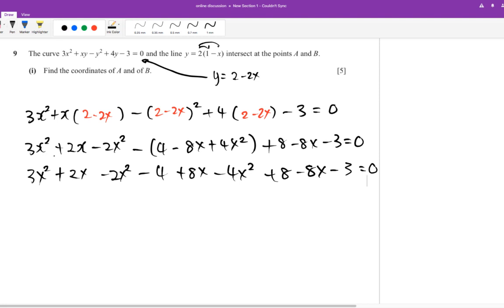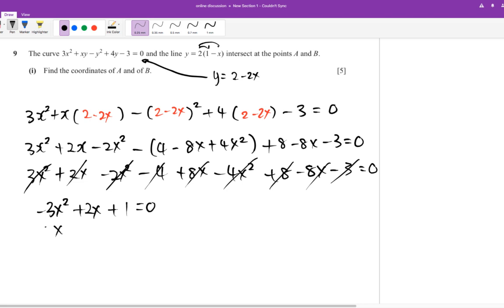So 3x squared minus 2x squared, I left x squared, minus 4x squared, I got negative 3x squared. Alright, then 2x plus 8x is 10x, 10 minus 8 is 2, so plus 2x. Alright, so we have 8 minus 7, so it's 1, equals to 0.